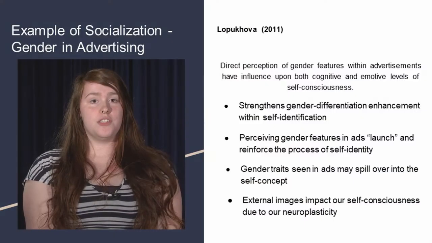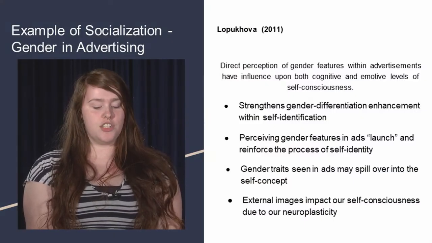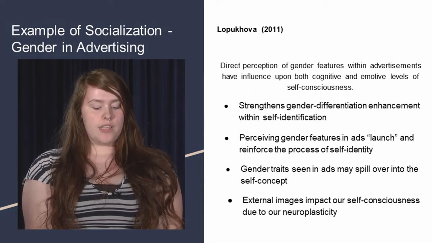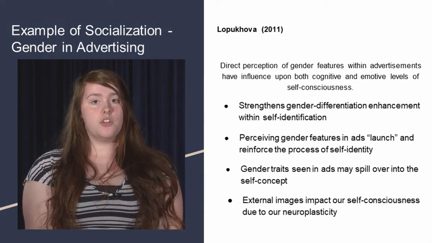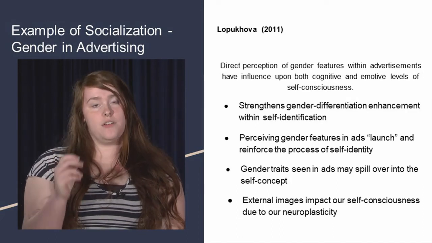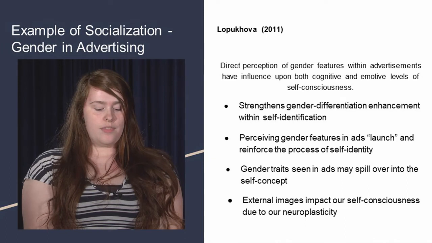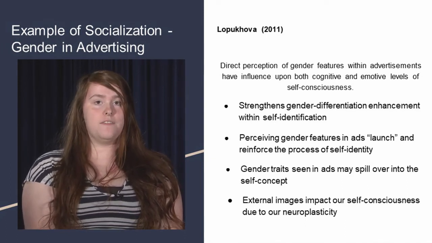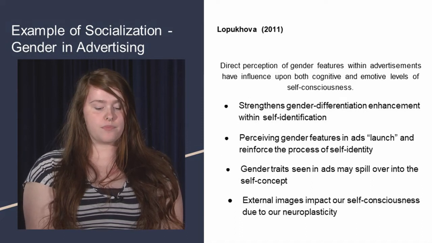What this showed was a strengthened gender differentiation enhancement within their self-identification. So those that viewed gender in this way chose the commercial that exemplified it. For example, if I viewed the ideal man or woman a certain way, then I would pick the commercial that exemplified this for me, and that part of my self-identity becomes stronger.